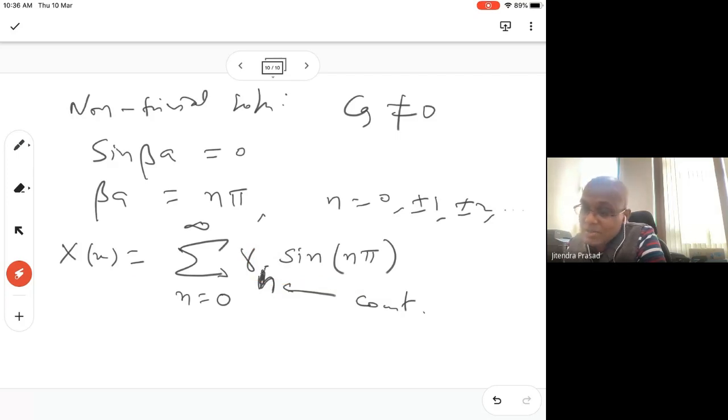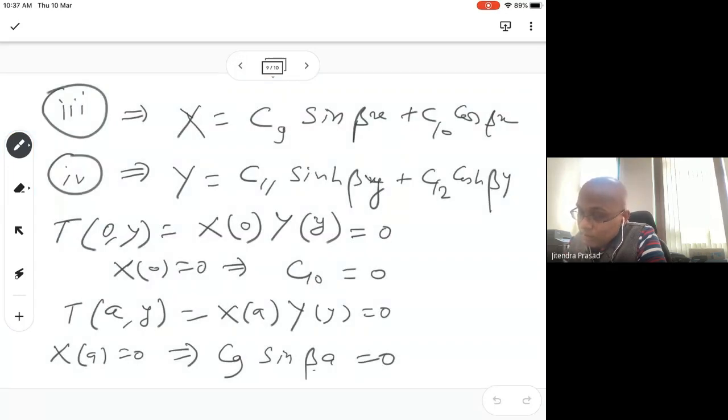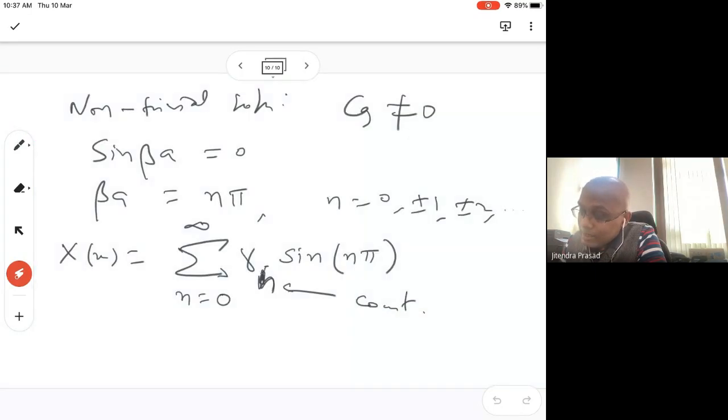Now the next thing is finding the other equation, the boundary condition for the other one. Here we have y at 0 equal to 0.